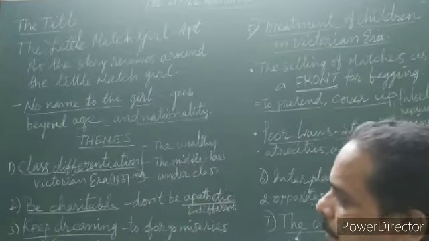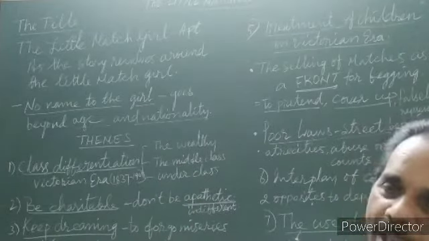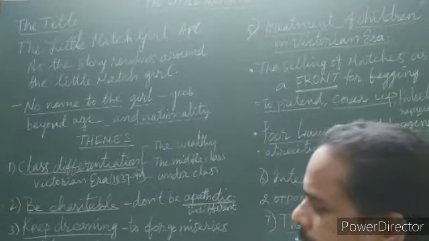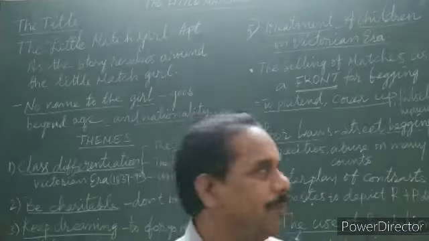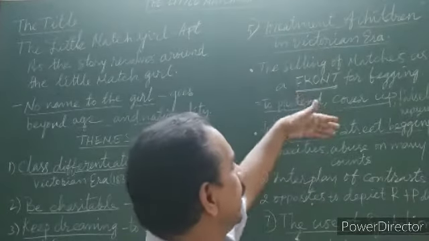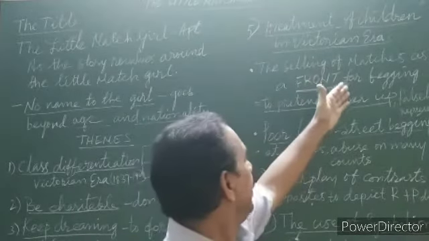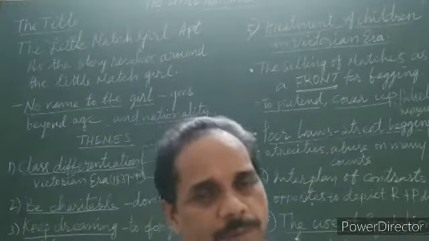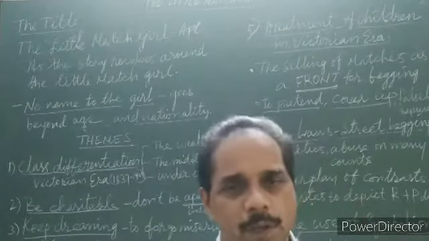Class differentiation, be charitable to others, keep dreaming and keep imagining, hope and love, treatment of children in Victorian era, and interplay of contrast. These are the main themes you can point out.